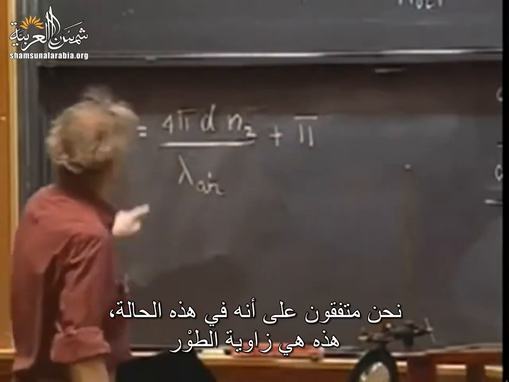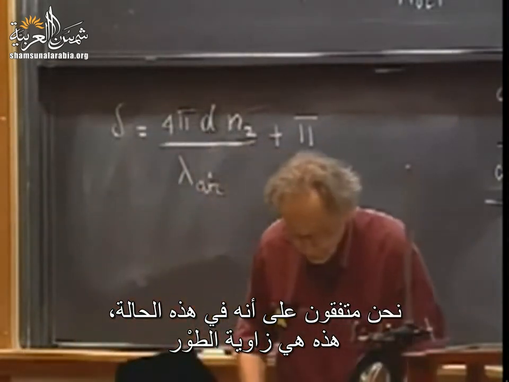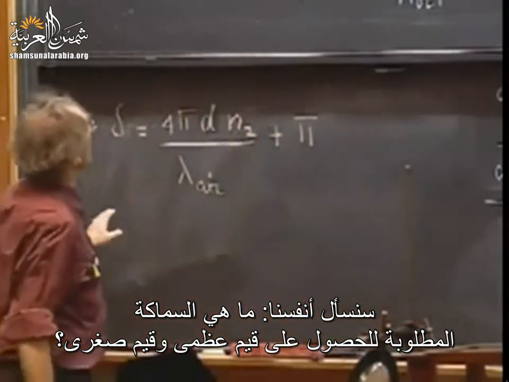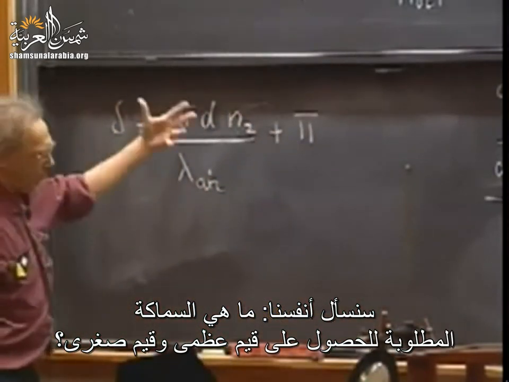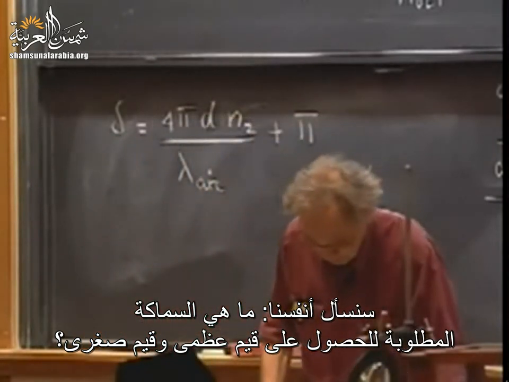All right. So we agree, right, that in this case, this is the phase angle. So now we're going to ask ourselves the question, what thicknesses are required to get minima and to get maxima?